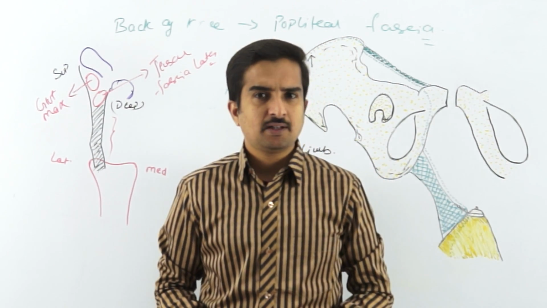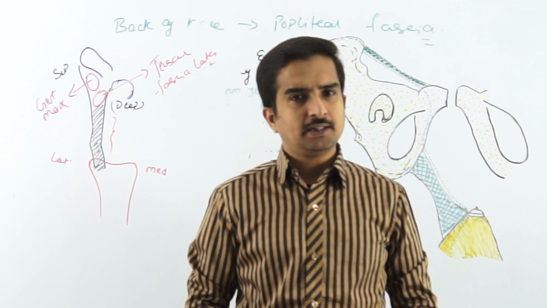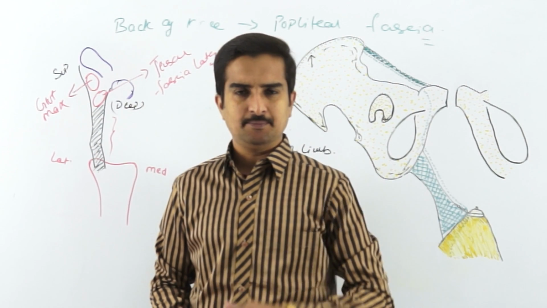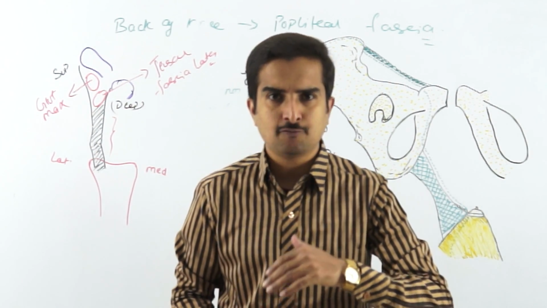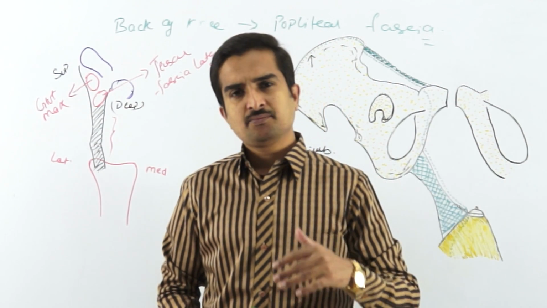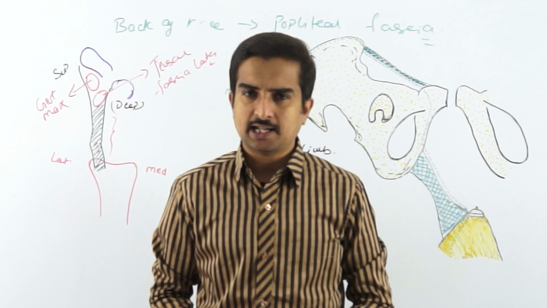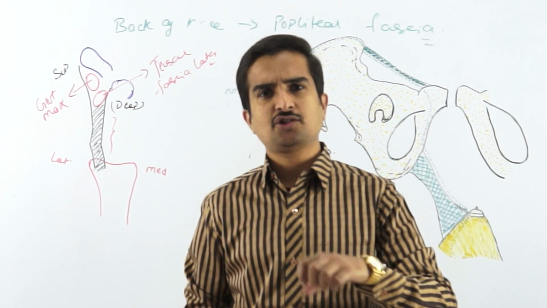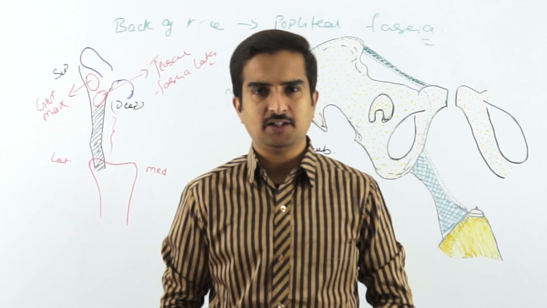Specifically, whenever a person is slightly leaning forwards with a semi-flexed knee, I am repeating again, whenever a subject is slightly leaning forwards with a semi-flexed knee, this iliotibial tract forms an important structure to stabilize the knee joint against gravity.